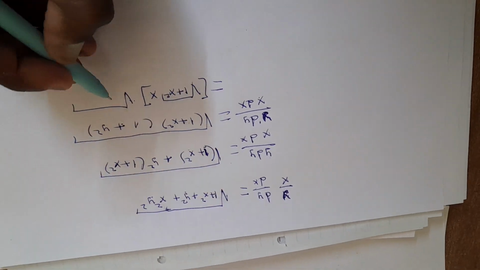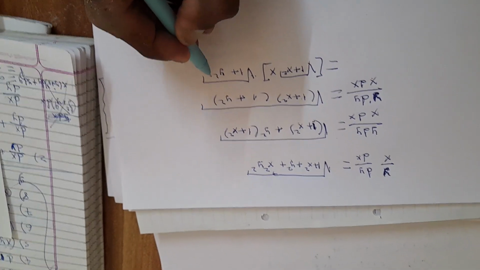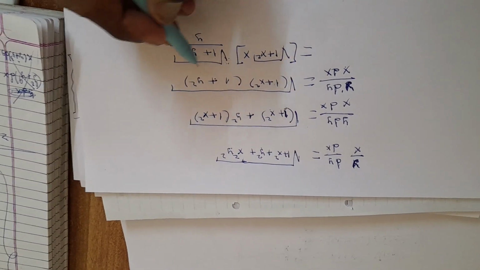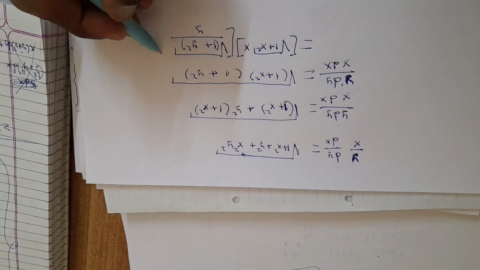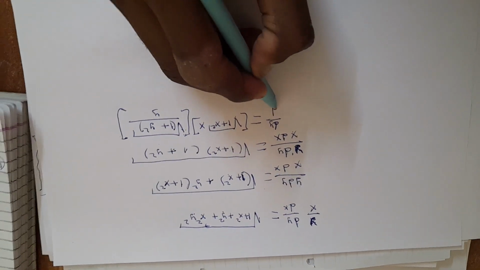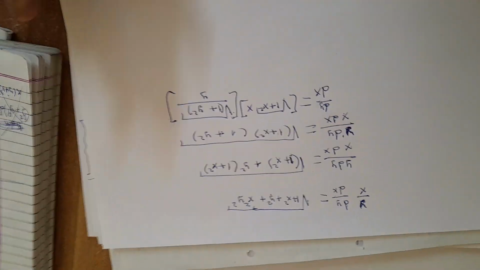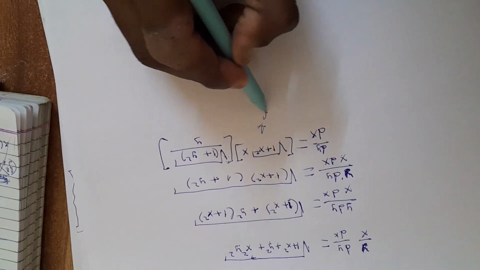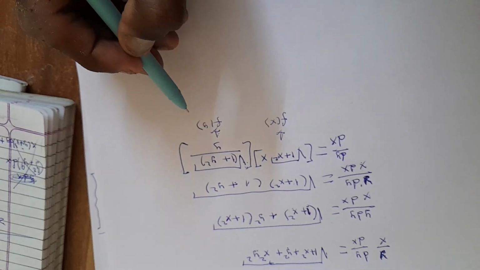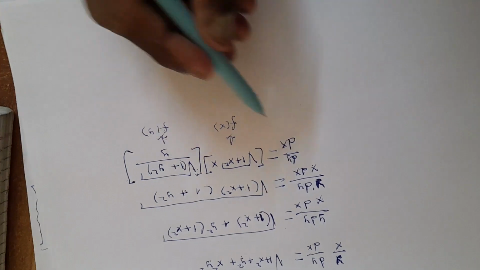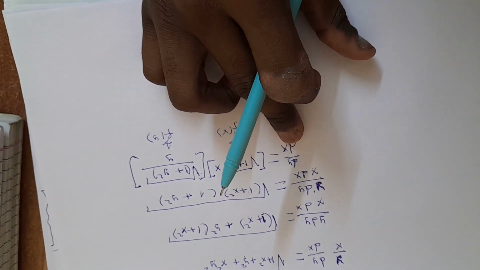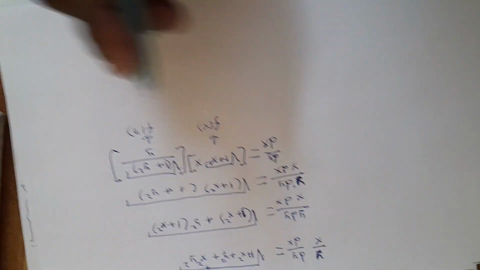This will be the function 1 plus y squared, all upon y. This is the expression for dy upon dx. Now we can see this is a function of x only and this is a function of y only, so the next step is to put together f of x with the differentiation of x and h of y with the differentiation of y.